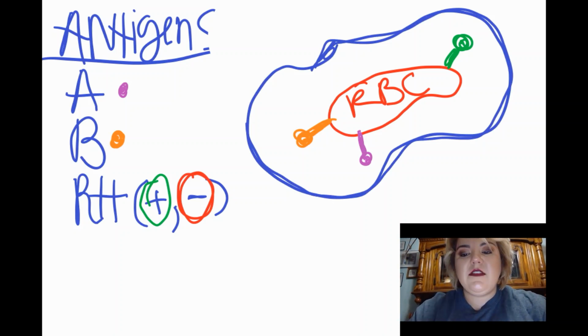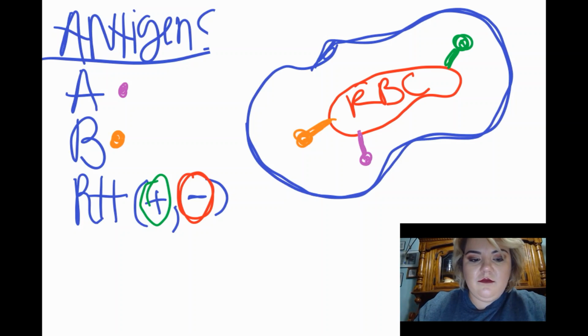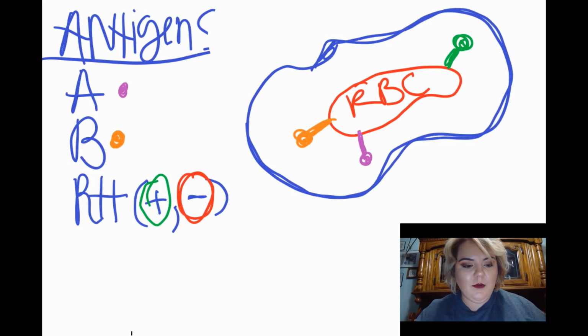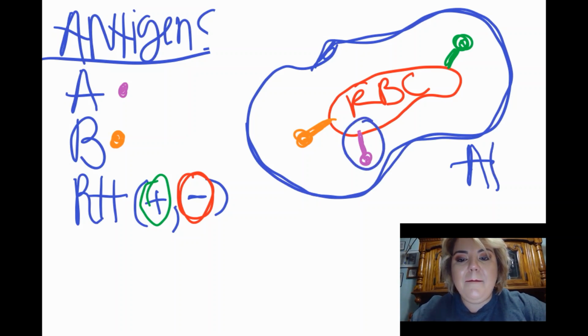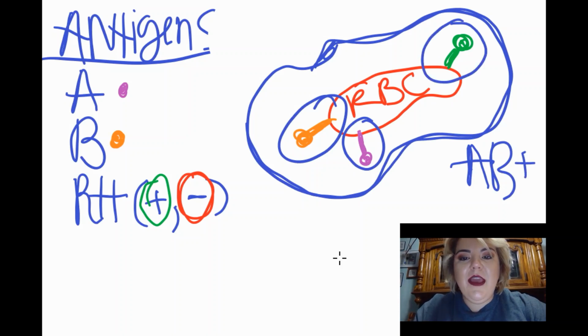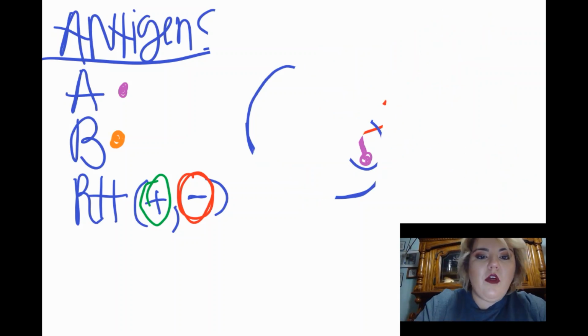So if you've seen these on the surface, what is that going to signal for us? Hold on one second. Sorry, I had a technical difficulty. So if we have these antigens, that's going to mean that our blood is A, because we have our A, B, because we have the B one as well, and positive, because we have our RH. So now that I feel comfortable about that, we'll move along.